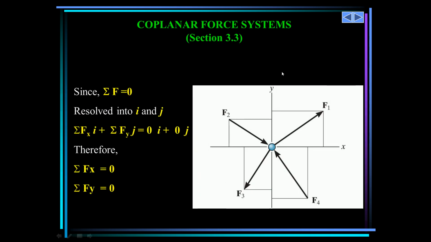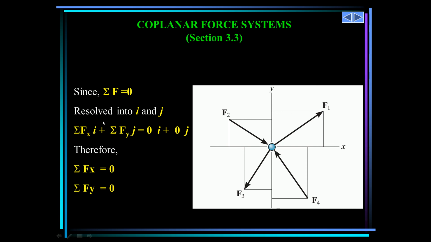Okay, coplanar force system. If all the forces are in the XY plane, or XZ plane, or YZ plane, then we call it a coplanar force system. Since we have sigma F equals 0, the resultant force equals 0, so we can resolve all the forces in X and Y directions, write down the vector form for each force, and then take the algebraic summation for each part.